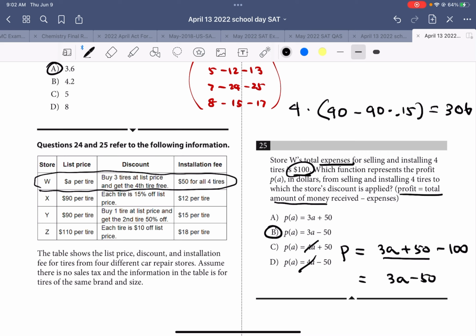Profit is total amount of money received minus expense. So this one represents the total amount of money got from the customer. This is the tire price, and this one is the installation fee, but the expense is $100. So when you simplify, you get this.